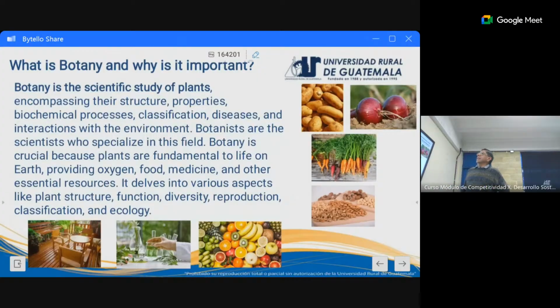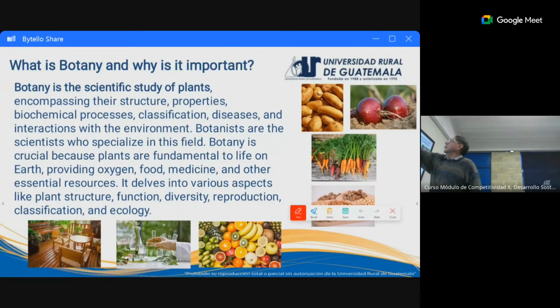It says that botany is the scientific study of plants, encompassing their structure, properties, biochemical processes, classification, diseases, and interactions with the environment.